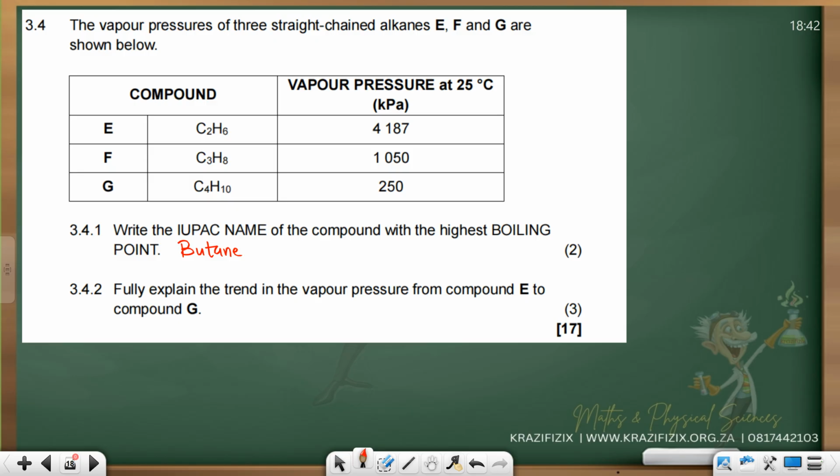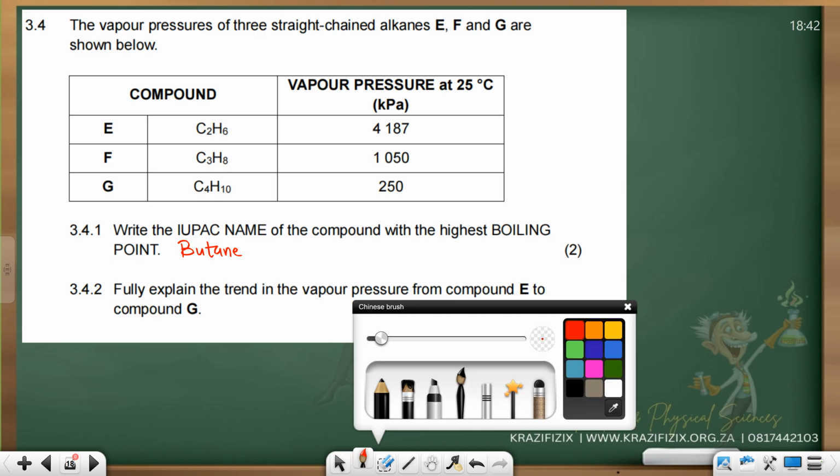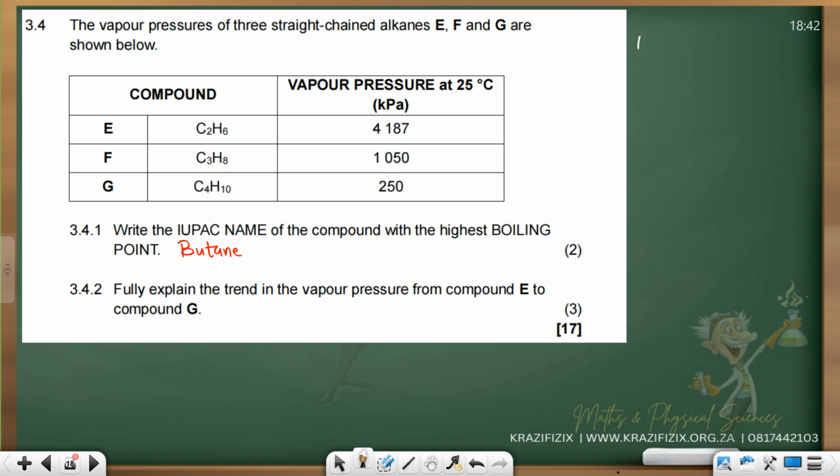Fully explain the trend in vapor pressure from E to G. Do you notice they are all what? Are they all alkanes? Yeah. Explain again. Identify, that's what it means. So let's identify. What type of intermolecular forces exist here? They are all London.